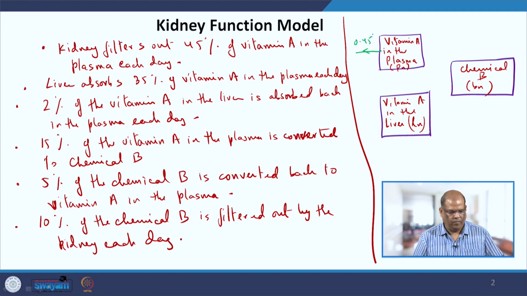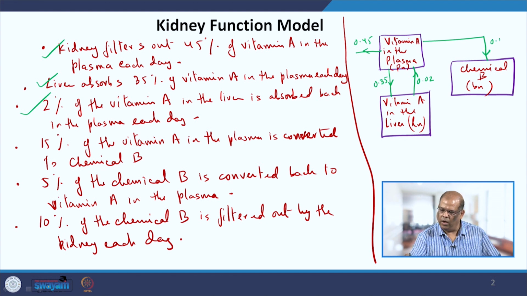The liver absorbs 35% of vitamin A in the plasma each day, so 0.35. 2% of vitamin A in the liver is absorbed back in the plasma, so 0.02. 15% of vitamin A in the plasma is converted to chemical B, so 0.15. 5% of chemical B is converted back to vitamin A in the plasma, so 0.05, and 10% of chemical B is filtered out by the kidney each day.